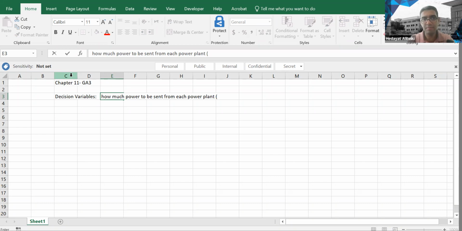You've got 3 of them, 1, 2, 3. I just called them 1, 2, 3, but you can also go with their names, from each power plant to each city, major city or demand center. And then you've got 1, 2, 3, all the way to 8. So you've got 8 of them.